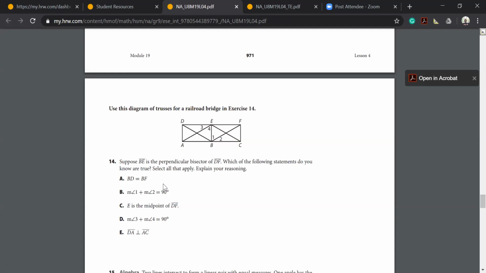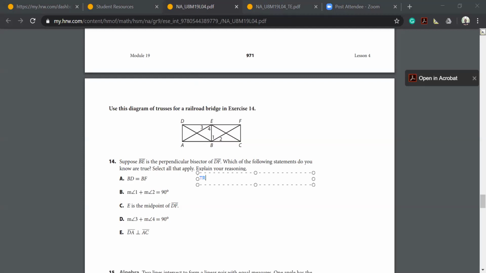Now, let's read the question. Which of the following statements do you know are true? Select all that apply and explain your reasoning. Let's see which of them is true and which of them is false. First of all, he is saying that BD is equal to BF. Of course, this is true using the perpendicular bisector theorem.